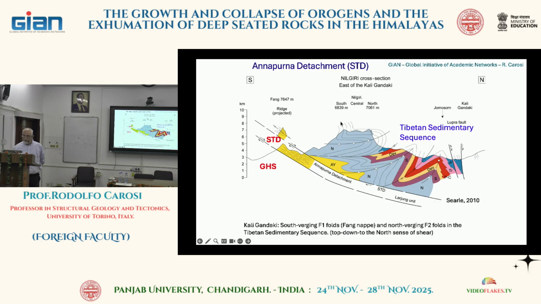And in the landscape, you can see kilometer-scale overturned folds like this, folding the Devonian, Silurian, and Cambrian rocks, very well determined in this part of the belt. So the detachment causes a folding deformation, overturned folds in the Tibetan sedimentary sequence with a north-east, north divergence, of course.